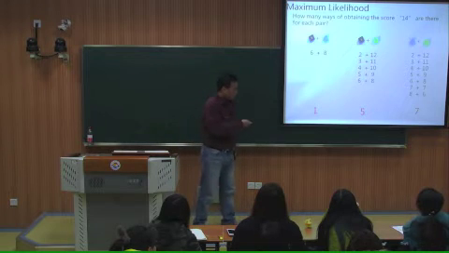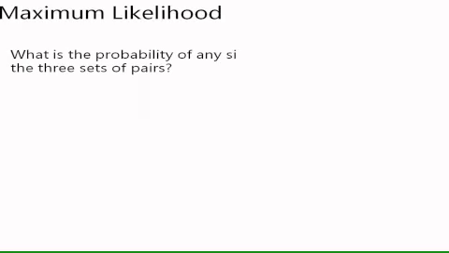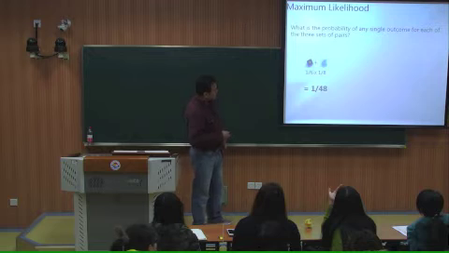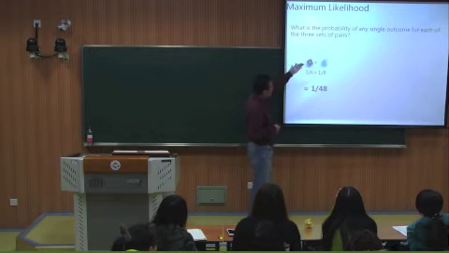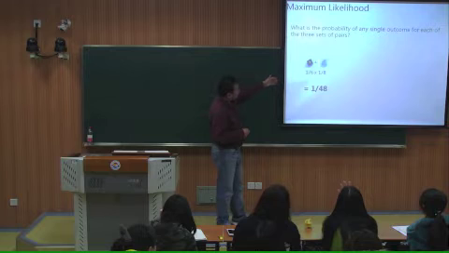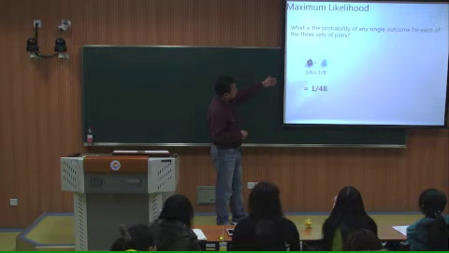Now we find the probability of any single outcome for each of these 3 sets of pairs. We have one from this 6 and one from this 8.